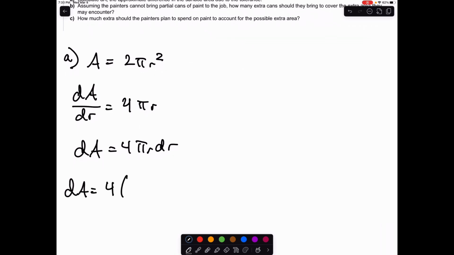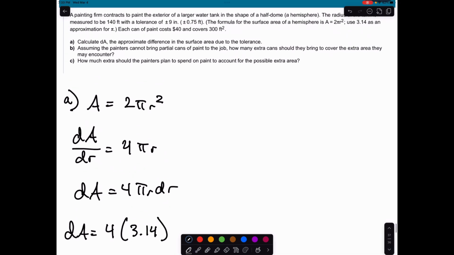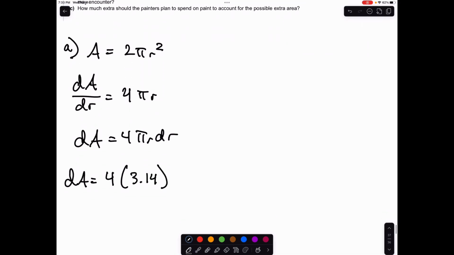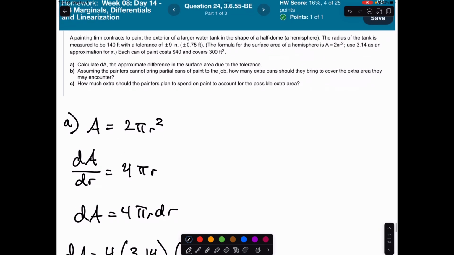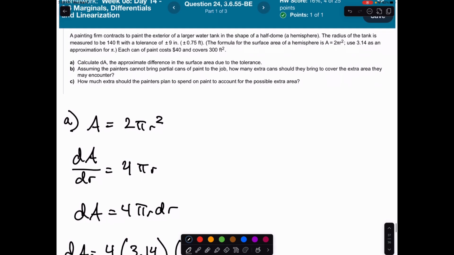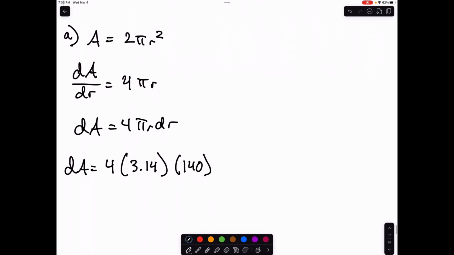Now pi, we said we're going to use 3.14. The radius is 140 feet. And our dr, that's where the tolerance comes in. We want it in terms of feet, which is plus or minus 0.75.